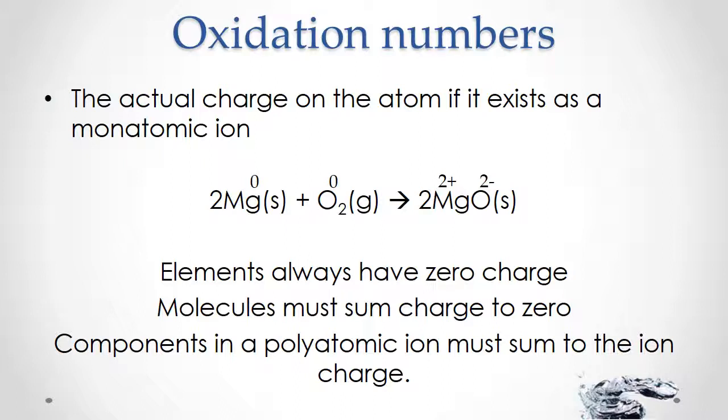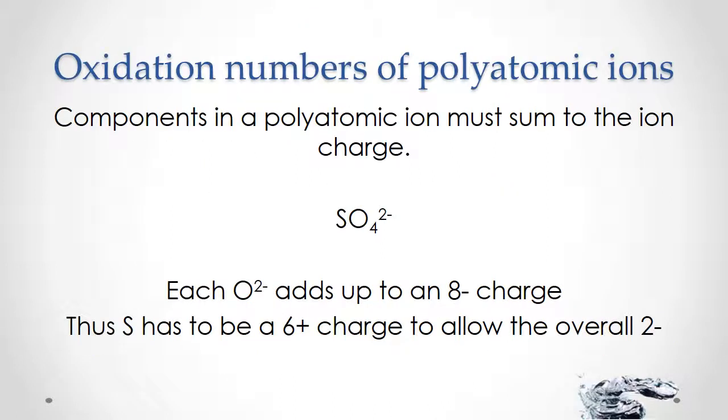So let's look at the oxidation numbers of polyatomic ions in more depth. Let's take sulfate, SO4 2-. Well, we're going to have an overall 2- charge in our ion, and each oxygen is going to be an O2-. That means we're going to have 2- charge times 4 atoms, which is going to give us an 8- charge.